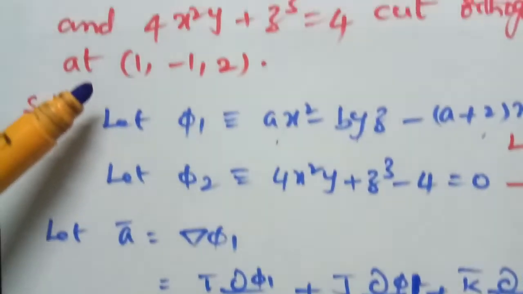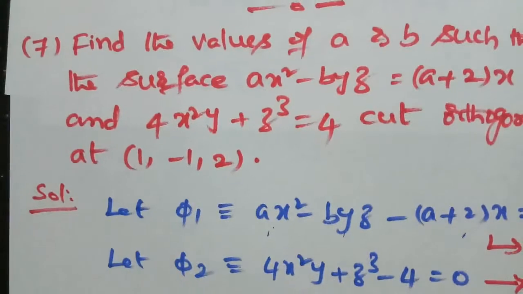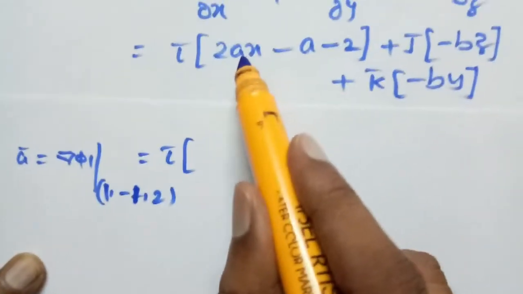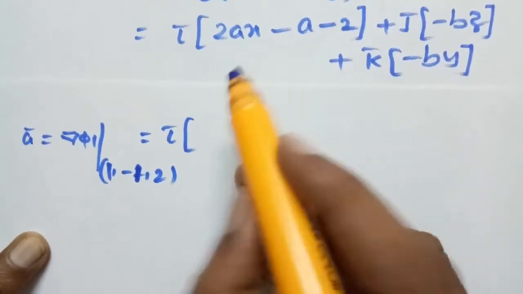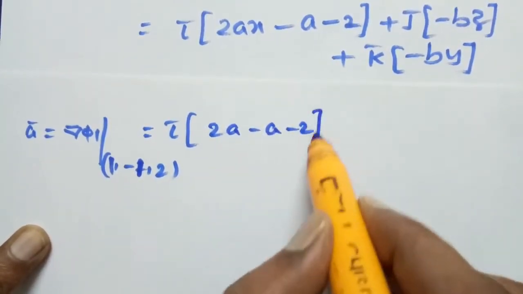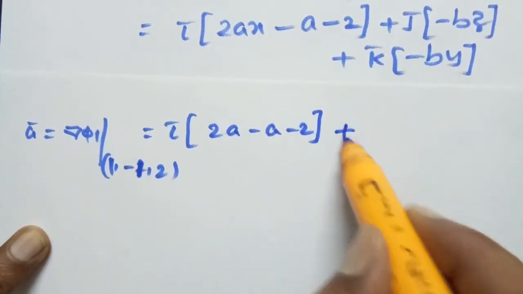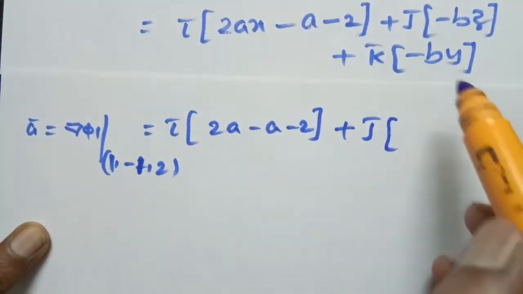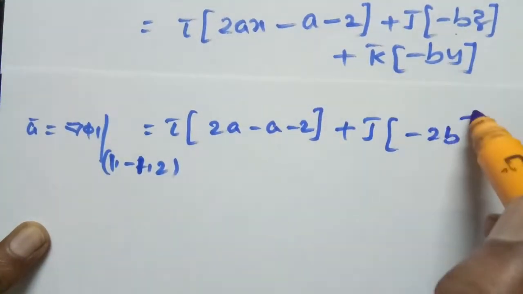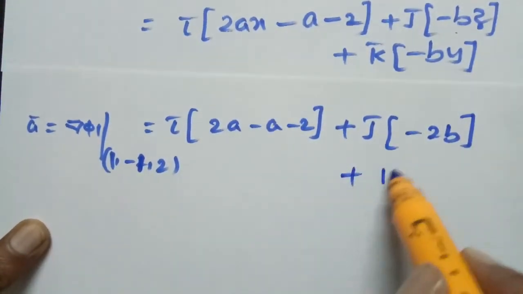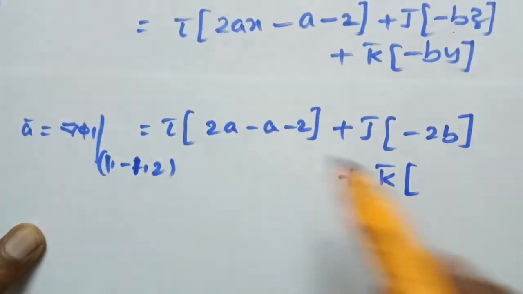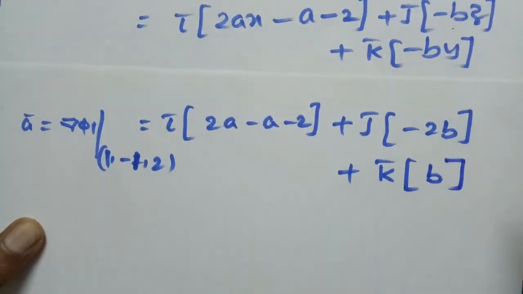Therefore, i bar into 2a into 1, that is 2a minus a minus 2, plus j bar into minus b into z value 2, minus 2b, plus k bar into minus b into y value minus 1, minus into minus is plus.